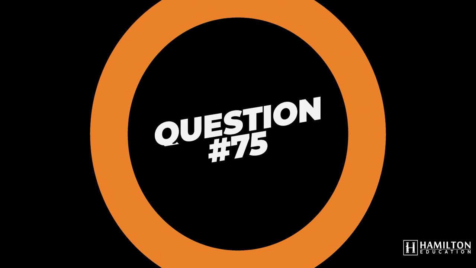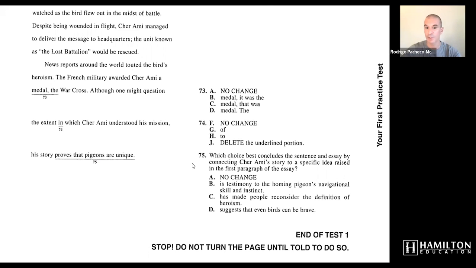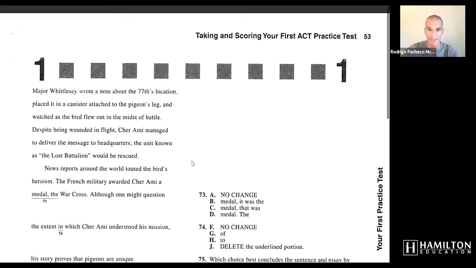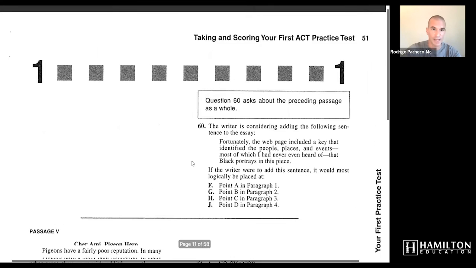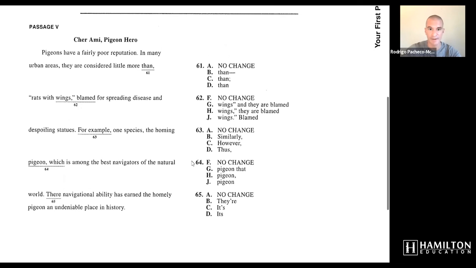Question 75 is a purpose question. We have a question stem, so let's start with that question. Which choice best concludes the sentence and essay by connecting Cher-Ami's story to a specific idea raised in the first paragraph of the essay? So let's take a look at that first paragraph and identify a specific idea, or perhaps the main idea here.